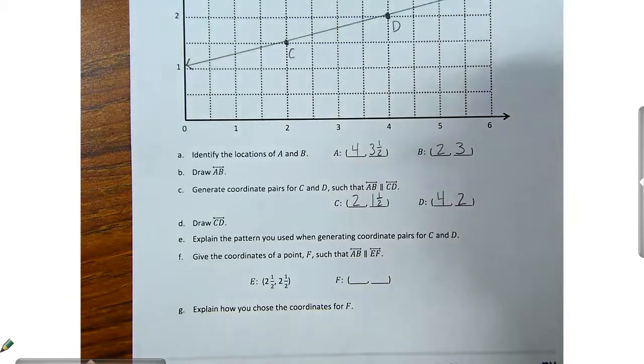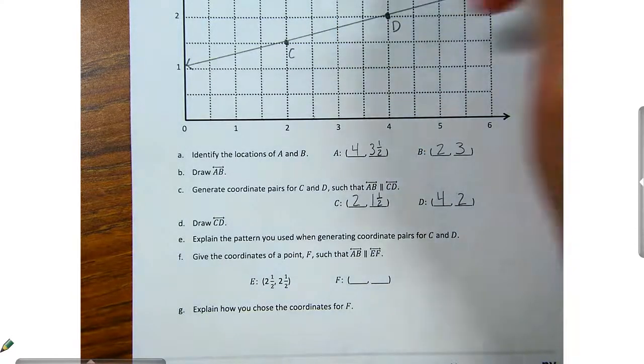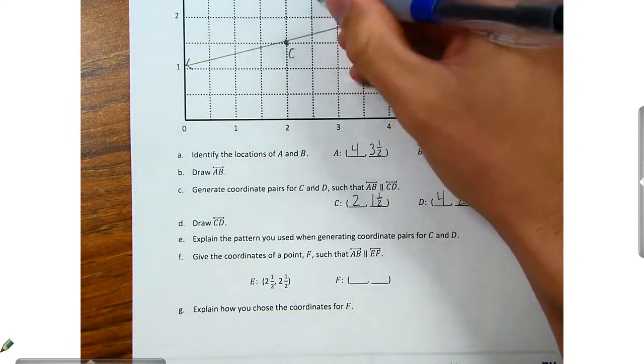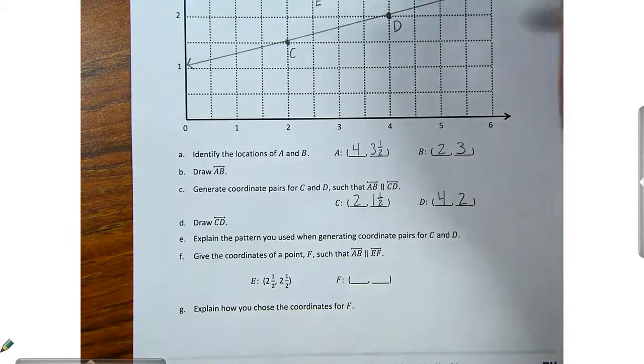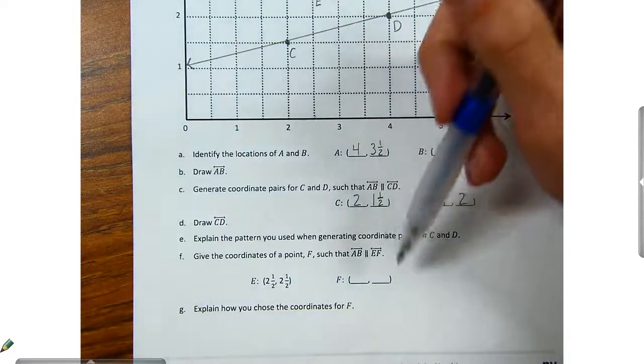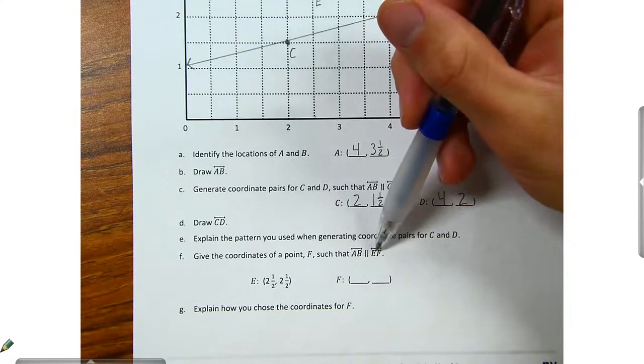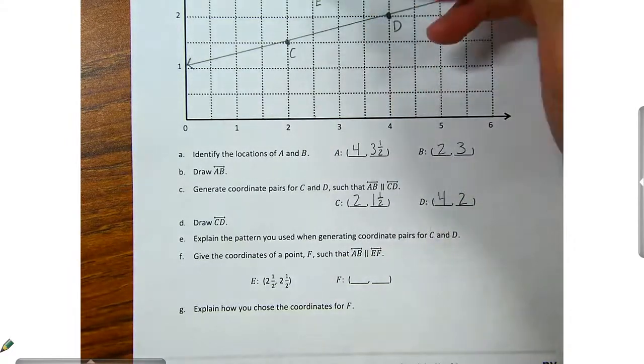Coincidentally, this is going to be right in between our 2 lines here. So we'll make this point E. And we'll have to make a point F such that AB is parallel to EF.